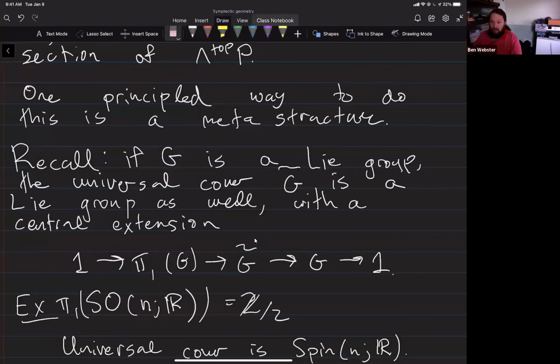Well, if you do this with a group, because groups are special, actually the whole universal cover is a group, and pi_1 is a subgroup, and the pi_1 action is just multiplication by that subgroup. You might ask, left multiplication or right multiplication, and the answer is either one, it's central. And it's exactly because you couldn't make a distinction between left and right multiplication, so it must be central.